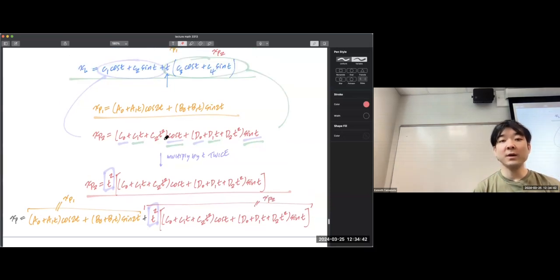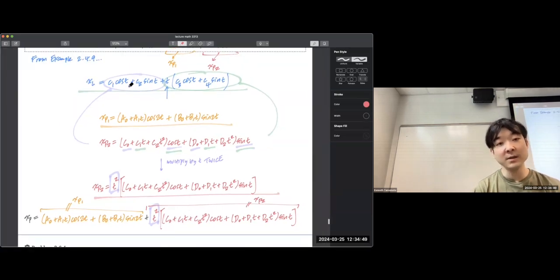If you're worried about these C0, C1, and C2, those are not necessarily going to be the same as these C1, C2, C3, and C4. I'm just going to put tildes on these so that it's clear that, since I used C0, C1, and C2 here, they're not the arbitrary constants that are part of your homogeneous solution. These are not arbitrary; you would find them by plugging this into the differential equation.